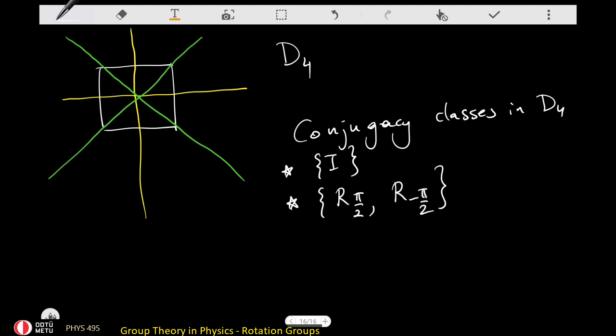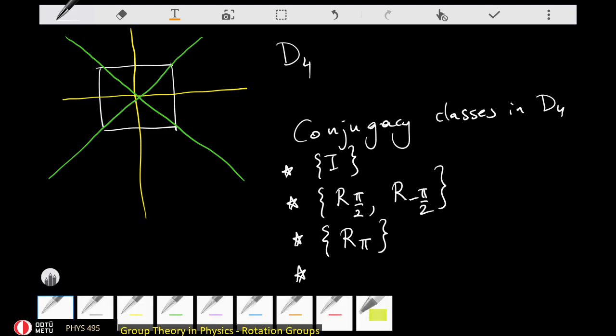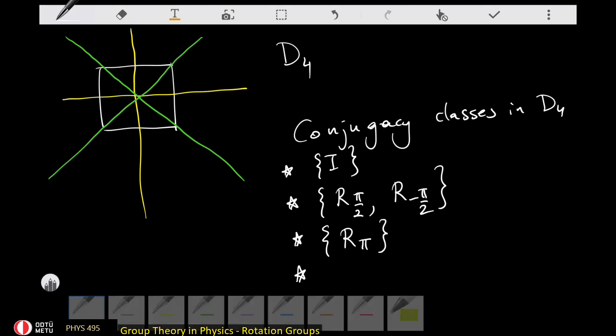These are conjugate to each other because they are rotations by 90 degrees, but in opposite directions. And there's a single rotation with a rotation angle of 180 degrees. 180 is the same thing as minus 180, so this element is conjugate only to itself. And then there are these 2 mirrors. I'm going to name them like this. Sorry about that.